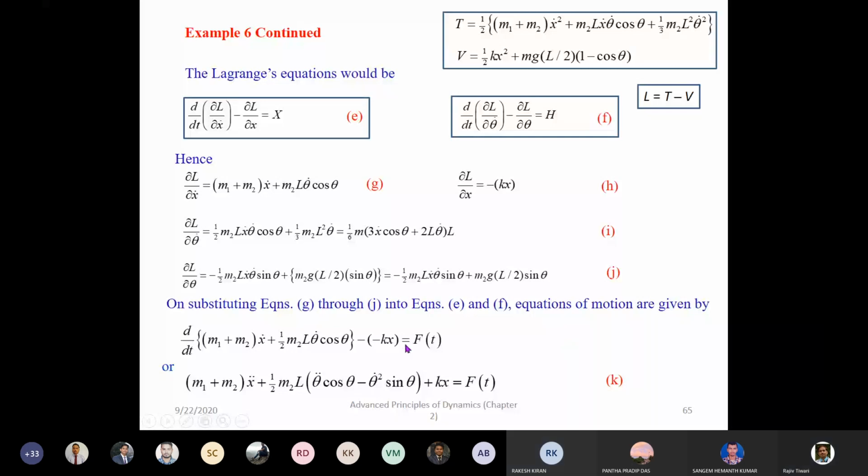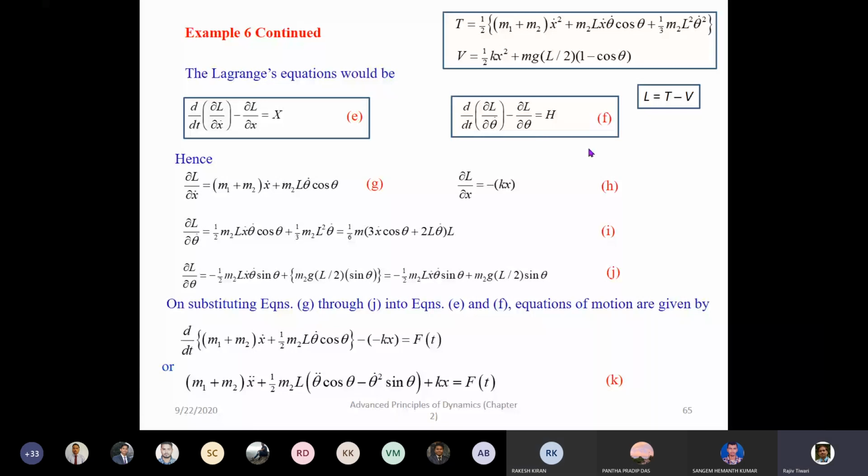This one. Which equation? No, sir. Dou L by dou theta dot. First equation. This one. Just after that, dou L by dou theta dot. This one. Sir, below, sir. Then you give the F, E, which one, equation? I, equation I. Equation I, no? That's why. So this one.